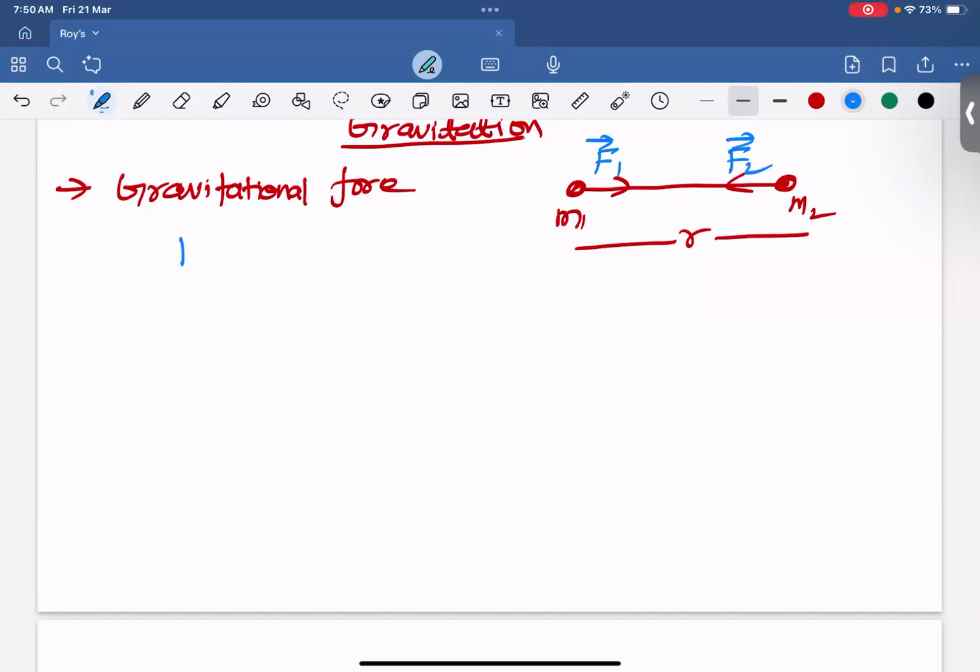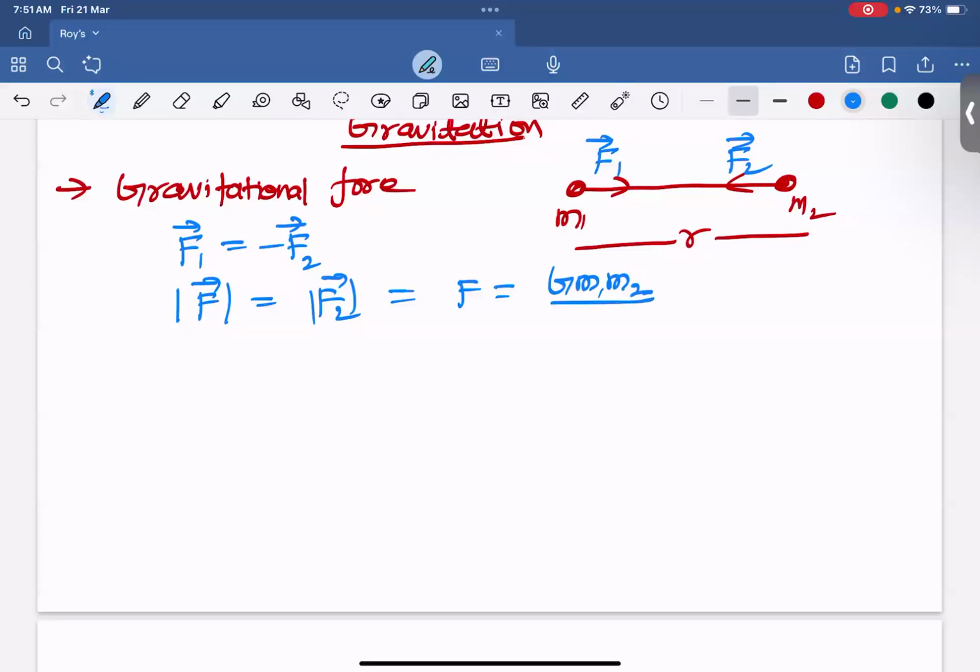It means F1 is equal to negative of F2. And if I say the magnitude will be equal, and that is given by G m1 m2 by r square. ठीक है?